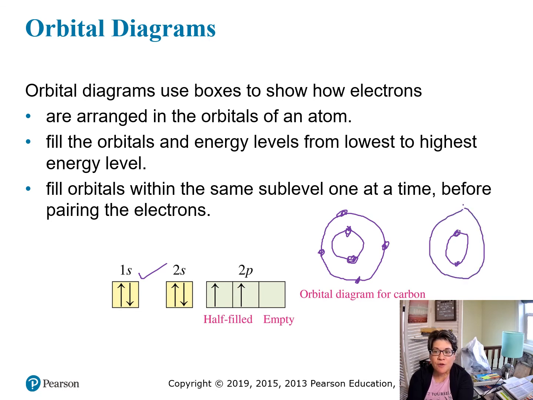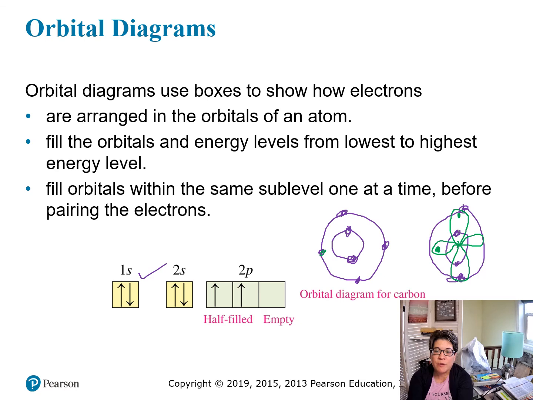Then we have our 2s shell with 2 electrons, and then I'm going to use a different color. And we actually have a couple p shells. We actually have 2 of them. One of them has 1 electron, and the other one has 1 electron.